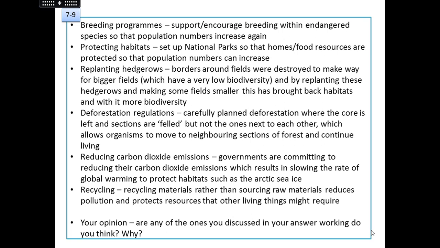Or you could say in breeding programs that they've successfully bred different species. I don't know what's been a really good one recently. They had a baby rhino, I think, recently, and they also had a polar bear as well. So you can talk about those kind of examples to actually back up your opinion.